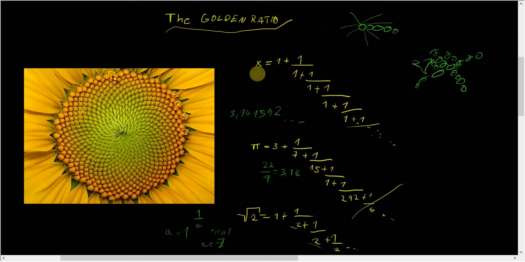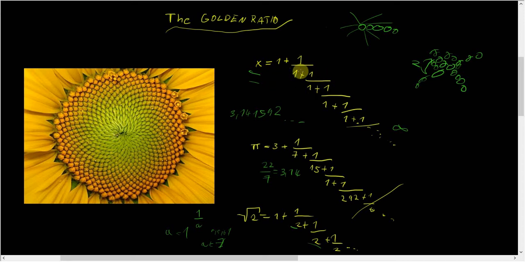So, how are we going to find the golden ratio? We're going to add to 1 a fraction where 1 is over 1 and it continues into infinity. How do we calculate this? Well, if you see here, x equals 1 plus 1 over 1, and if we put another x here, x equals 1 plus 1 over 1, it is the same statement as the one we have here.